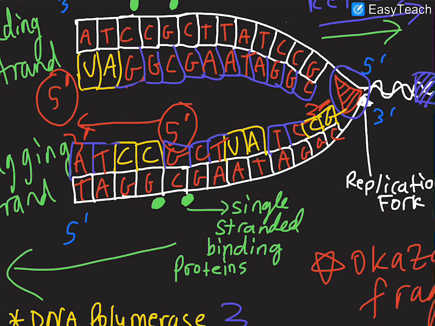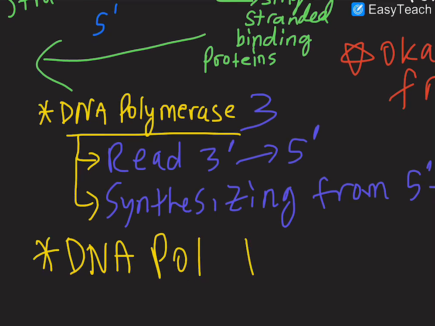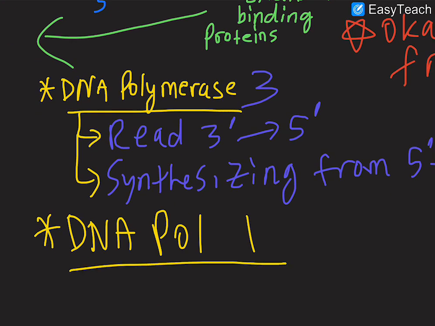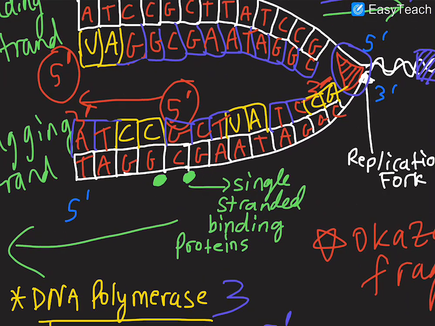So the next enzyme we have to talk about is DNA polymerase 1, which again is in prokaryotes. What DNA polymerase 1 is going to do is replace the RNA primers with DNA.